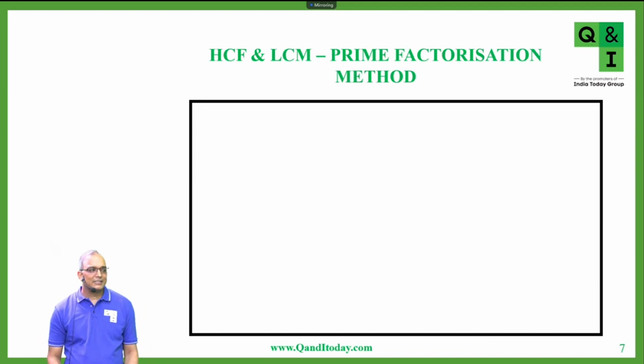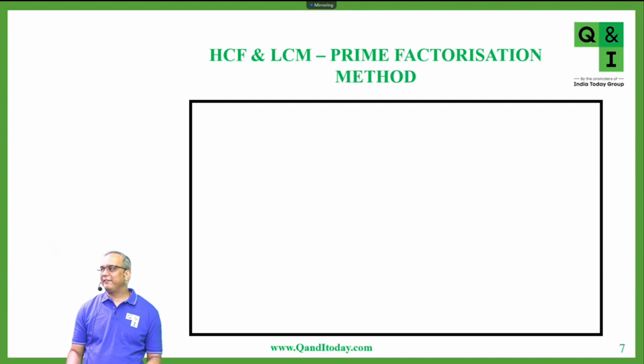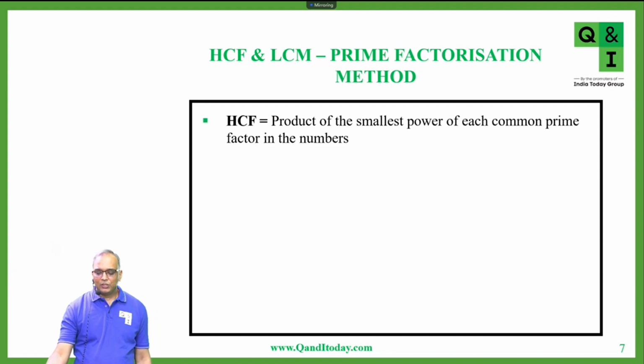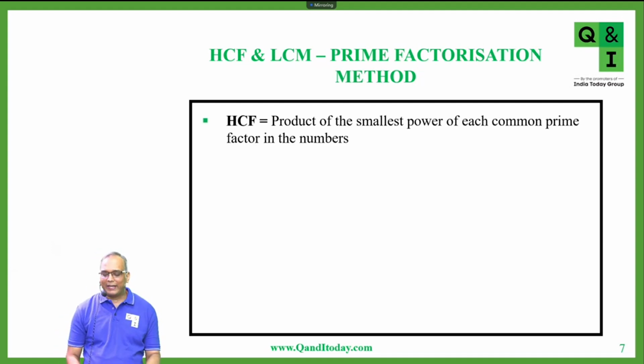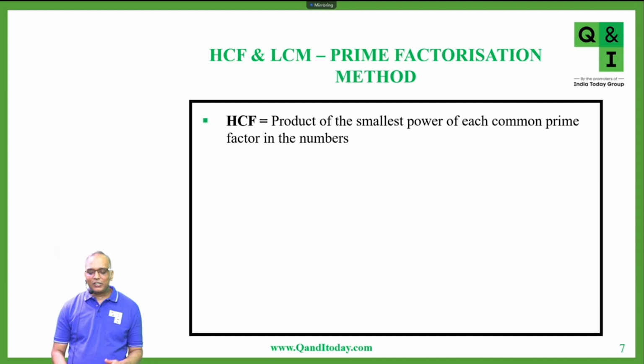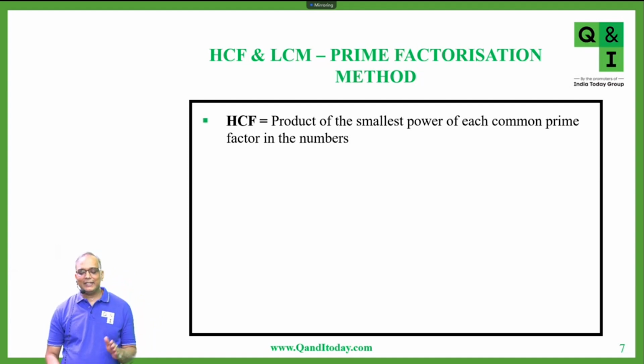Now let's learn how to find HCF and LCM by prime factorization method. How do you find HCF? The product of the smallest power of each common prime factor in the numbers gives you the HCF.